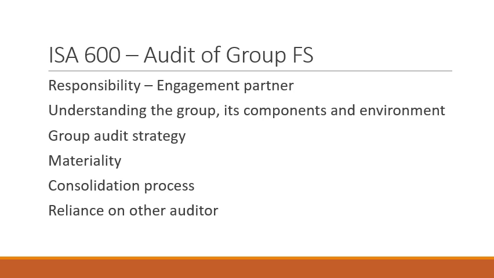The group auditor can place reliance on the work of the component auditor. He would then need to indicate to the component auditor specific reporting deliverables that would need to be delivered to the group auditor. However, he is not allowed to refer to the component auditors in his audit report, and he cannot specifically make mention of their work.